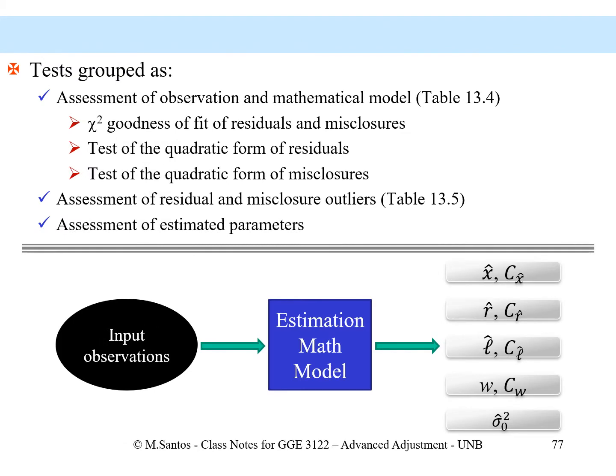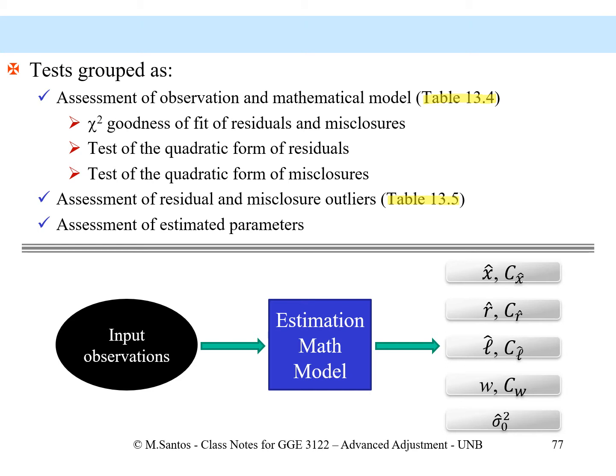These tests will be grouped again in tables. We're going to go over the tables briefly in a few moments. We have table 13.4 and table 13.5 in the reference textbook, just as the concepts.